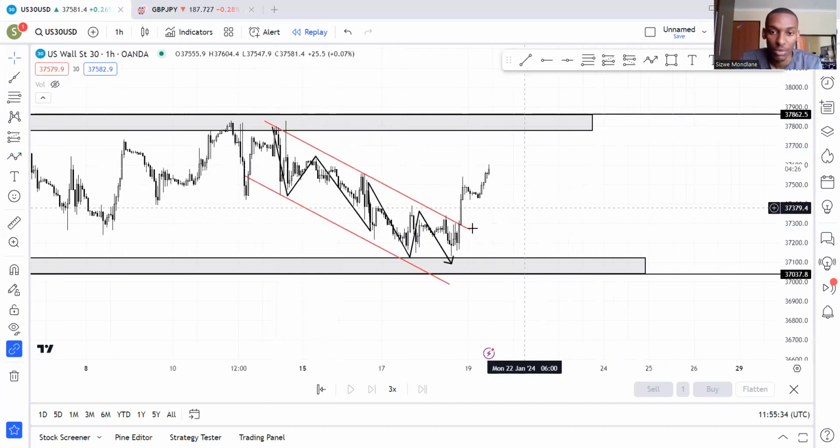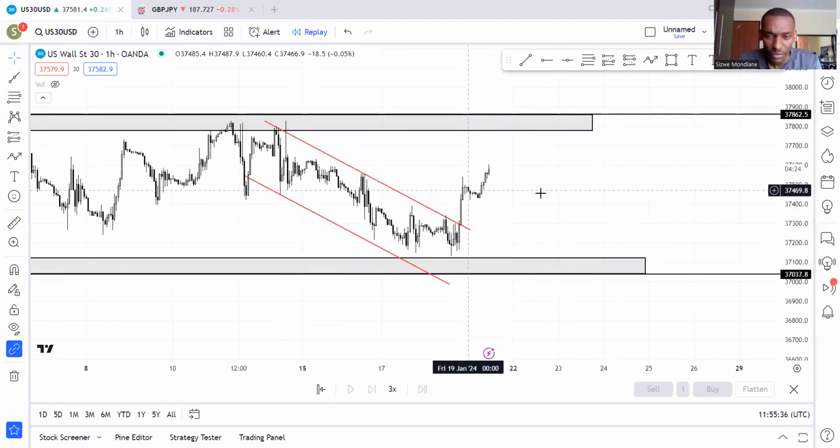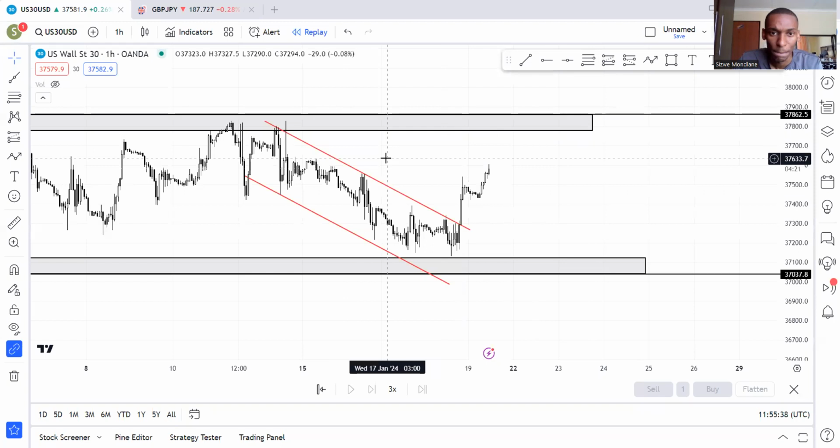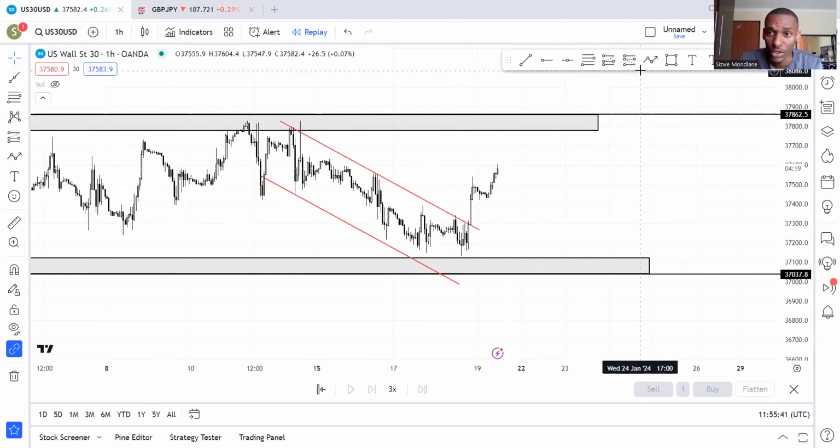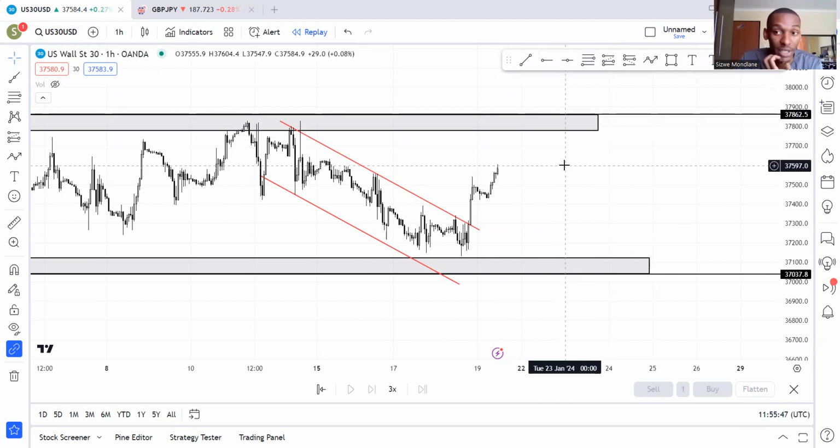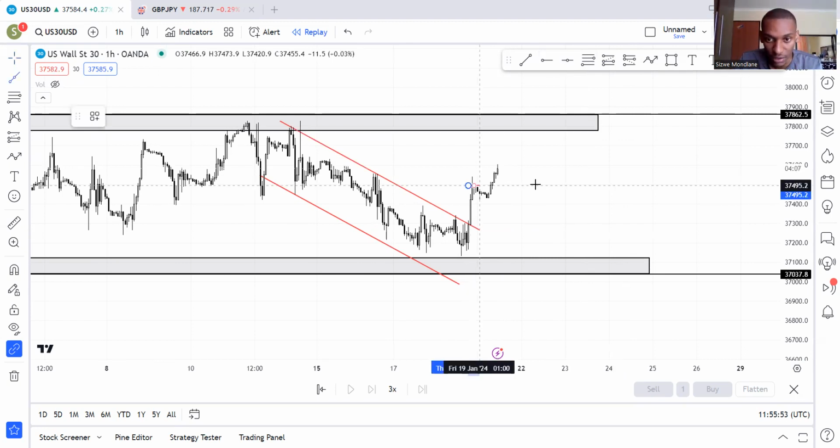Now price is moving in an uptrend, heading towards the resistance level. What you are looking for is buying opportunities. So it's either we wait for price to give us a clear uptrend, or you can trade a level breakout, just like this level.